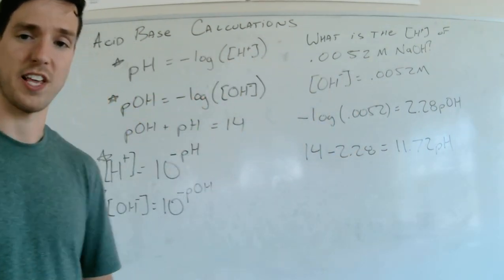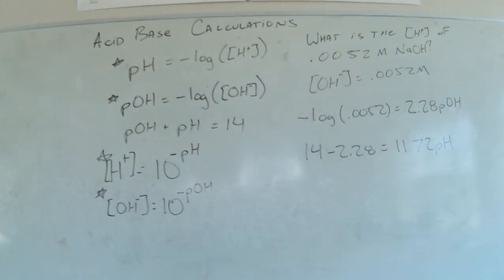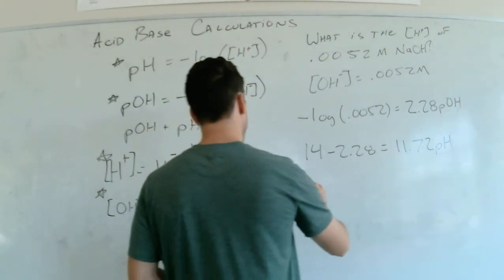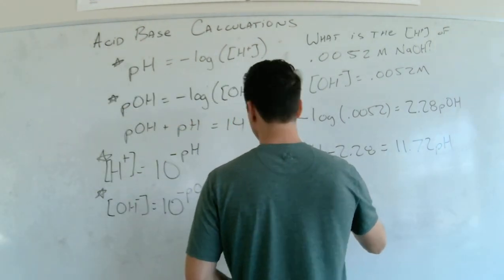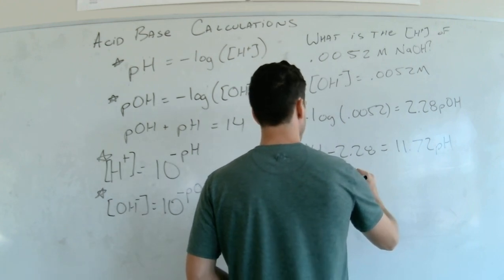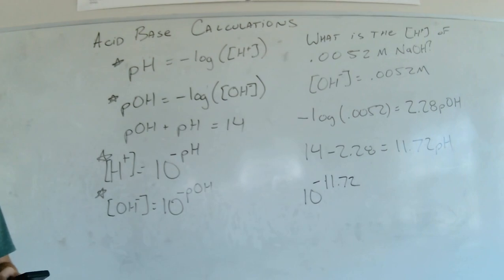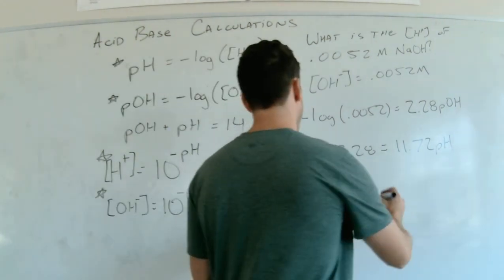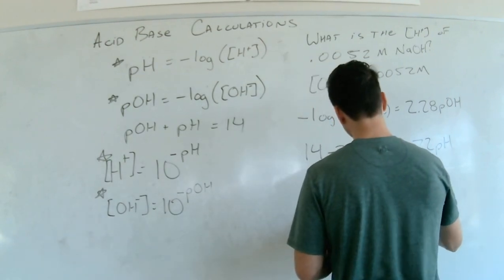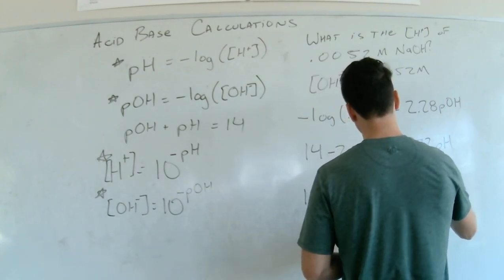And now you're saying, okay, now I have pH. Now I know how to get concentration of acid. I could just do 10 to the negative pH, which is 11.72. And that'll give me my concentration of acid, which is going to be 1.9 times 10 to the negative 12.